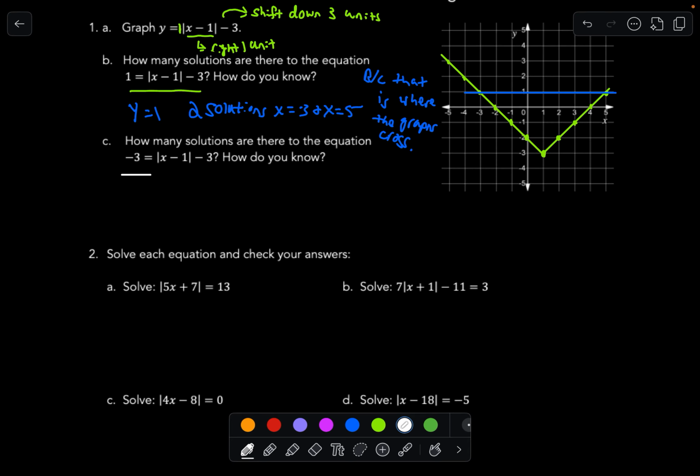It's going to be the white graph. That is down here. Notice the graphs intersect at the vertex. There is one solution. And when it's one solution, it's at the vertex.